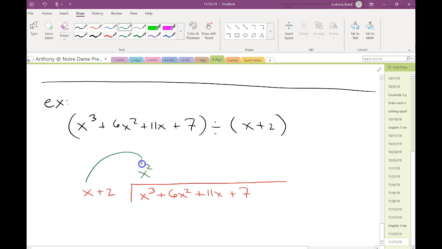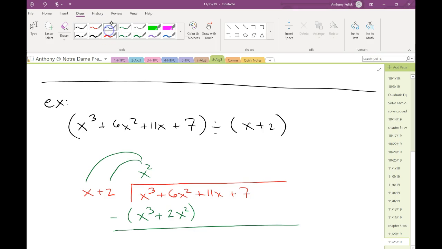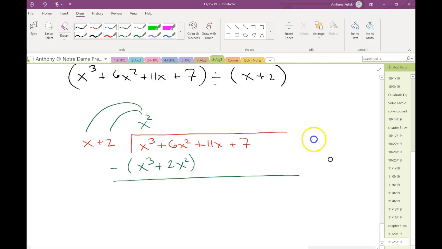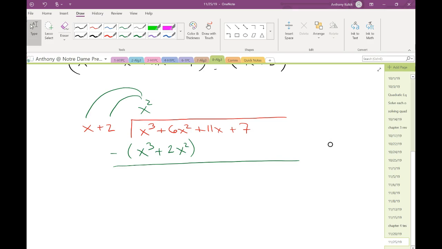So then I take that x squared and I multiply it to everything in the divisor, and I write it underneath the dividend, and then we're going to subtract down. Now, this is the place where we have to be really careful as students. Notice that I put this parenthesis around the x cubed plus 2x squared. And there's a minus sign out front of that. What does that mean we're going to have to remember to do? I have to distribute that negative.